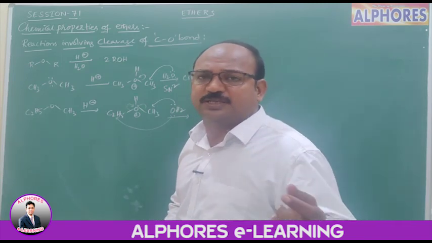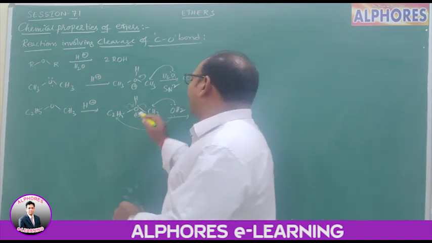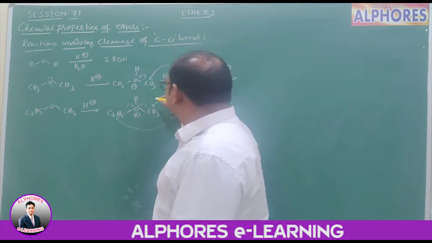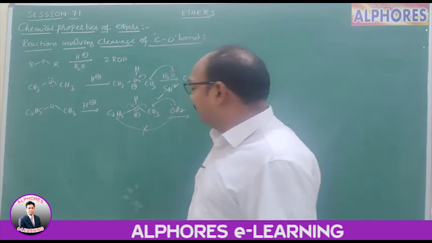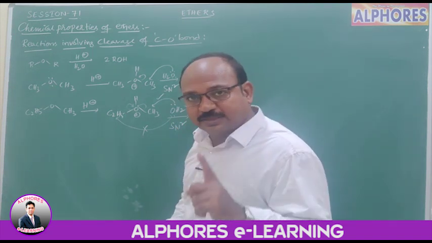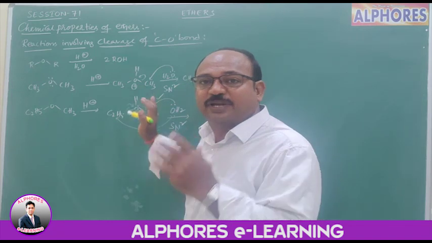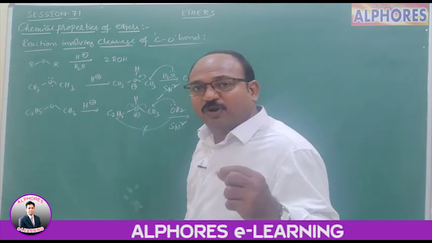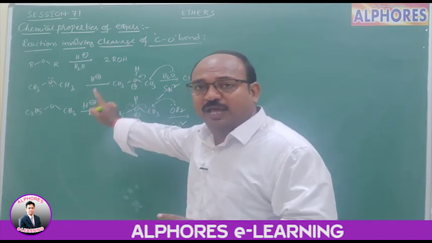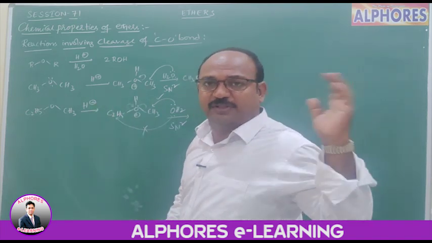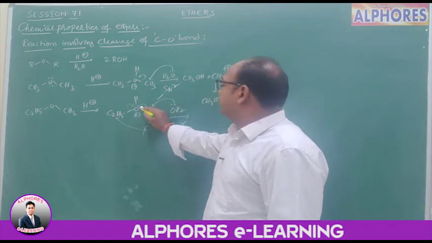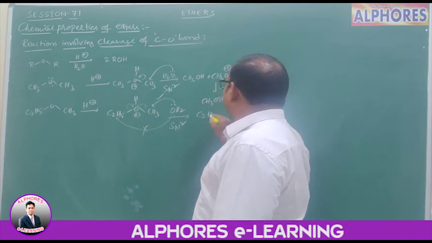In case 2, the lone pair may attack the other carbon, and these electrons shift towards the positively charged oxygen. The incoming solvent molecule prefers to attack where there is less hindrance. That means the solvent molecule prefers to attack the less hindered alkyl group, in other words the small alkyl group. Out of ethyl and methyl, where will it attack? Upon methyl, because of less hindrance. So this one is correct and this one is wrong.